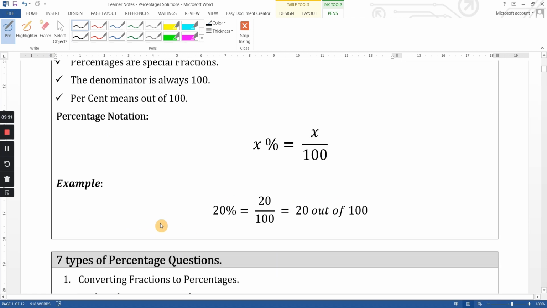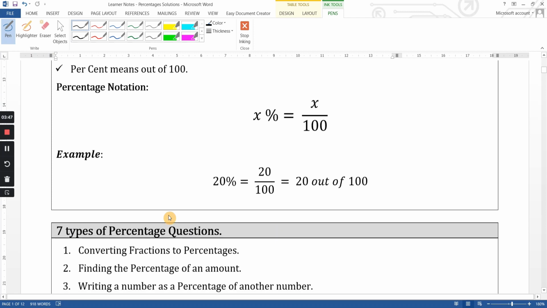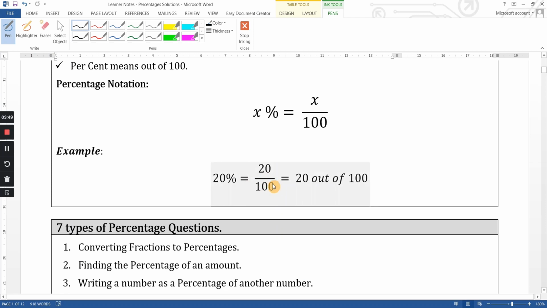So think of it as a special fraction, and even on the calculator, I don't use the percentage button at all. I've never used it. In fact, I use the fraction button, or even just divide by 100. So for example, 20% literally means 20 out of 100, or 20 divide by 100.